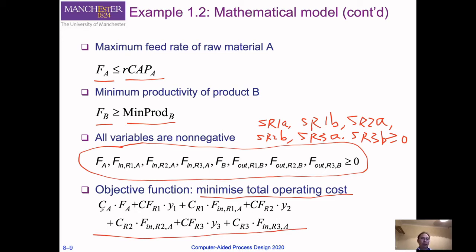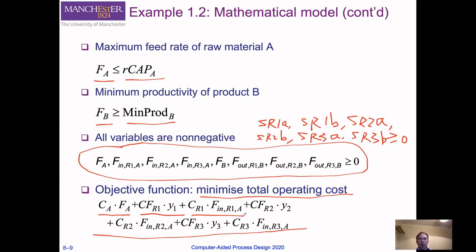In this function, we can see the first term is the raw material cost of A. It is calculated by the price of A times the flow rate of A. For the operating cost of each reactor, operating cost is calculated by a fixed cost plus the variable cost. As we define integer variables to denote if a reactor is selected or not, then we should use the fixed cost times the integer variables plus the variable cost.